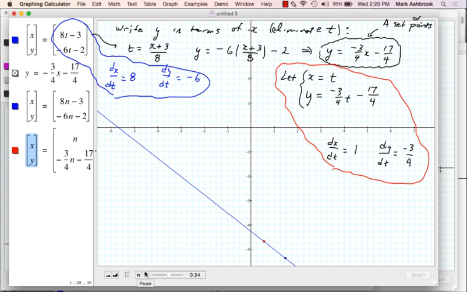And that's the points being generated by the blue curve. Why? Because for a change in t, x is going to change by 8, and y is going to change by 6. As opposed to the second version, for a change in t, x is going to change by 1, and y is going to change by -3/4. So they both generate the same set of points, but in a very different way.